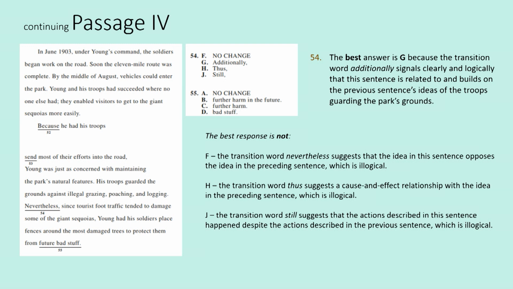And then answer choice J is not the best response because the transition word still suggests that the actions described in this sentence happened despite the actions described in the previous sentence, which is illogical. We're going to take a minute because I want you to write down those transition words and what they mean, or make sure that you write that down on your test in front of you so that you have what those words mean in this particular context.